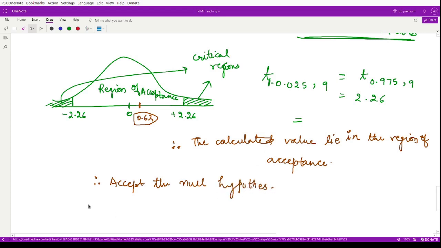So what was our null hypothesis? Our null hypothesis was H naught: mu is equal to 100.